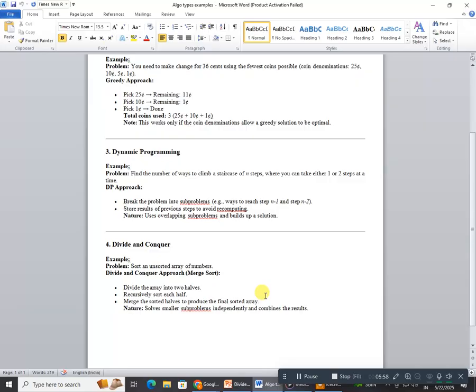If I follow the divide and conquer strategy, say merge sort, we divide the array into two halves, then recursively sort each half, then merge each of the sorted halves to produce the final sorted array. In this way we are breaking it into smaller parts and then combining the results of each part to create the final sorted array. These are the commonly used strategies in algorithms.